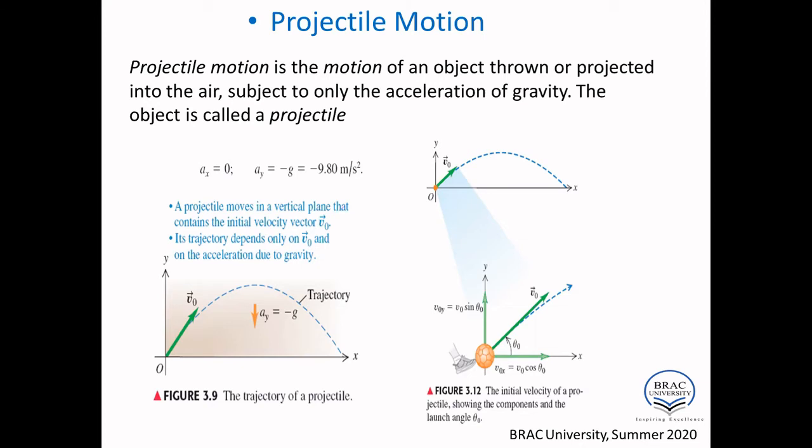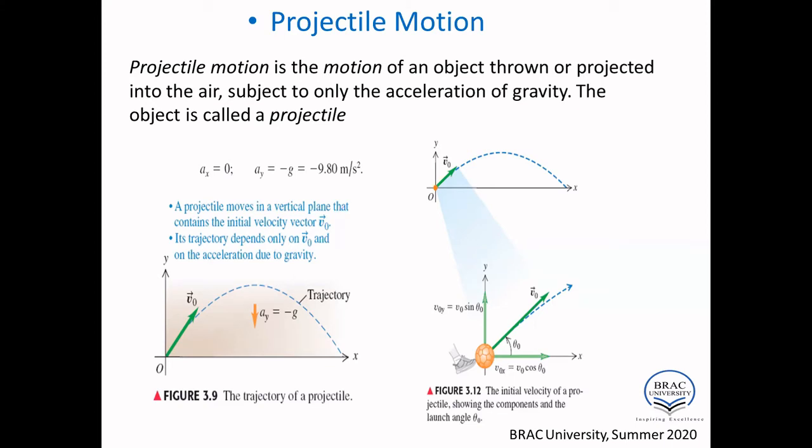Now, the figure shows the motion of a projectile, where the initial velocity is denoted by v naught. This v naught is the initial velocity vector. If we throw a projectile in the vertical plane, basically upward, the angle with the positive axis is 90 degrees, so vertically upward.